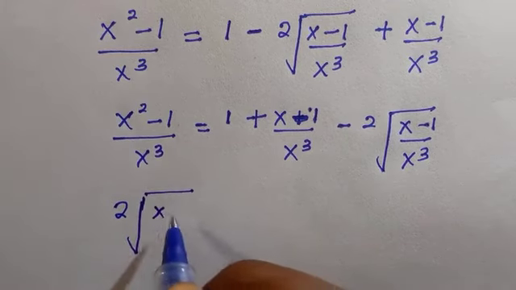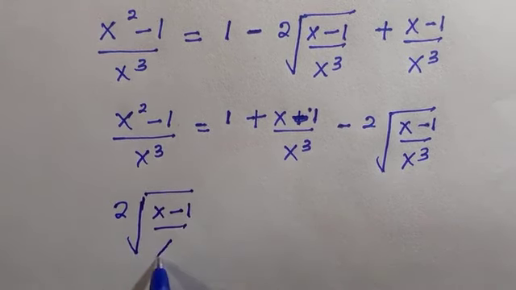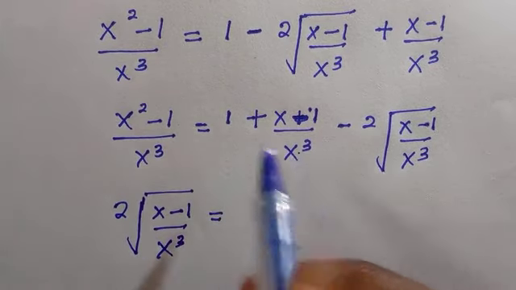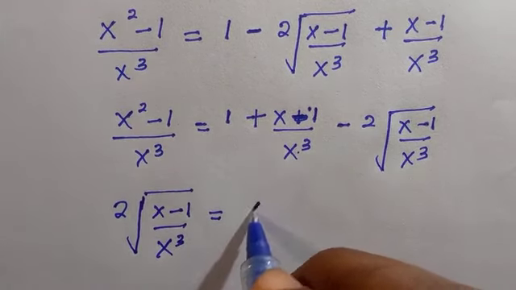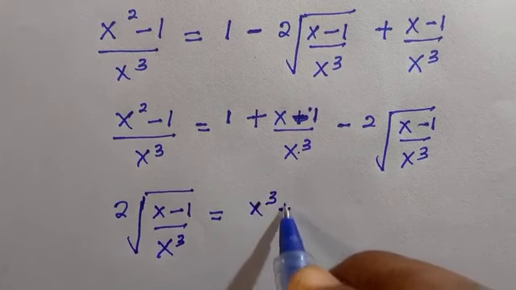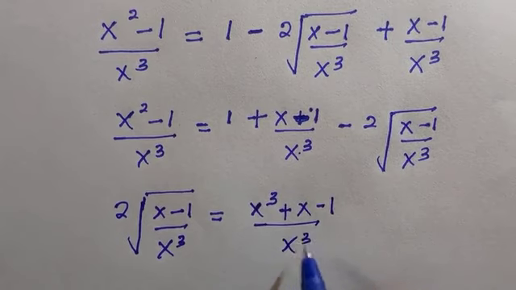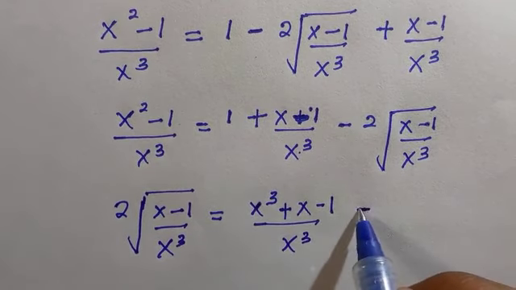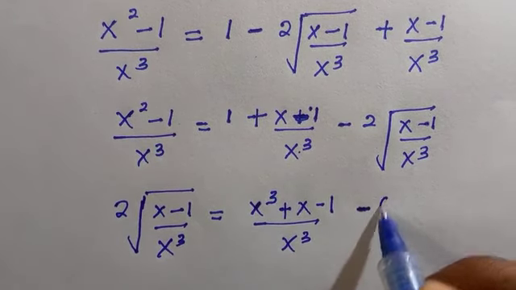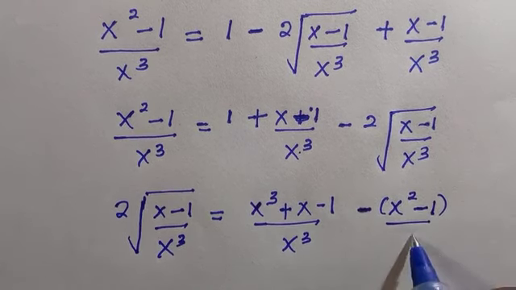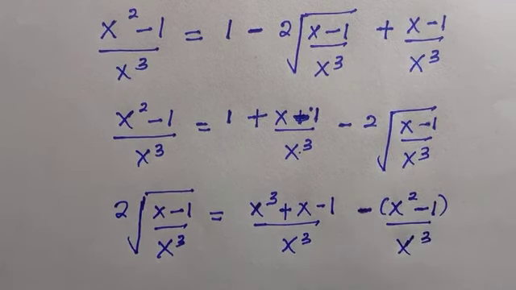So here we have 2 root x minus 1 over x raised to power 3 equals, and if I find the LCM of this, we have x raised to power of 3 plus x minus 1 divided by x raised to power 3. While this is coming with negative, I will create a bracket for this. So we have x raised to power 2 minus 1 divided by x raised to power of 3.